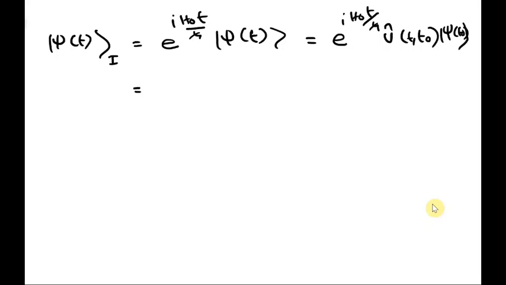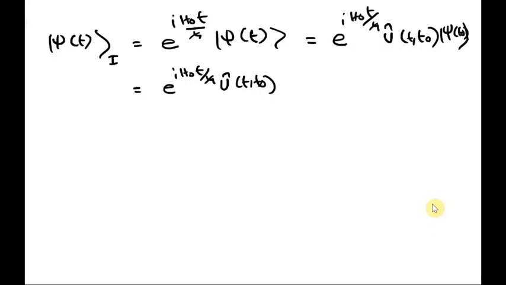So we know this is at time t, and this also I want to put in the interaction picture, so that will become e^(iH₀t/ħ) U(t, t₀) ψ(t₀), and ψ(t₀) connects with ψ_I(t₀) in the interaction picture.